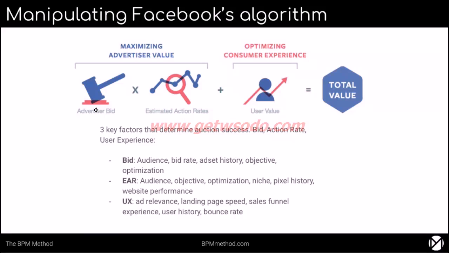Because if I, as an advertiser, am serving a great ad at the right time to the right user with the right funnel and everything's converting well, and I've got low bounce rate, high page load time, I'm going to get more and more users like that. Because this is what it comes down to. It's not Facebook trying to manipulate costs and trying to squeeze more money out of you. It's, are you actually delivering the best value to the customer, and therefore to Facebook's user as well.